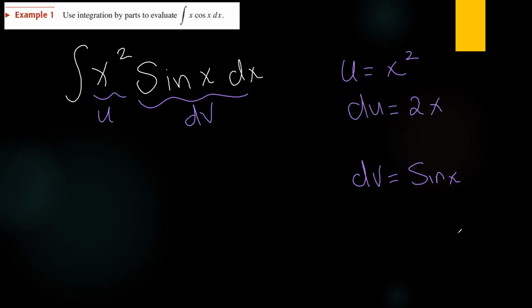And then u is x squared and dv is sine x. For u, you need to find its du, which is 2x. And for dv, you need to find its v, which is the integration of sine, which is negative cosine of x.